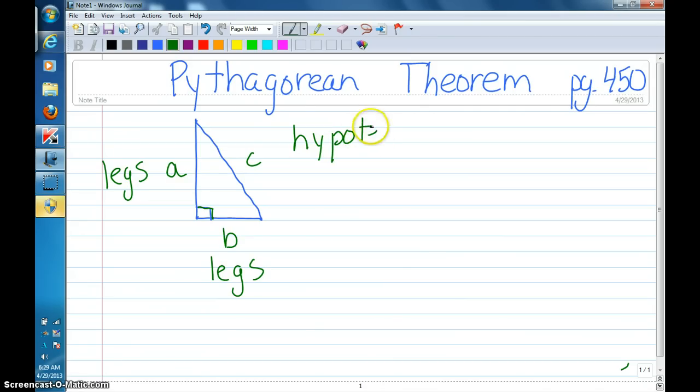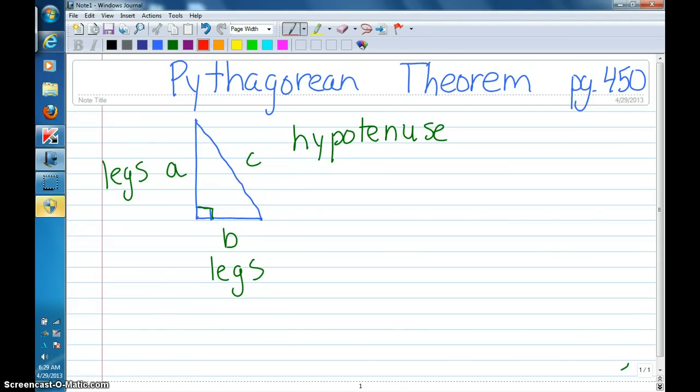Okay, and the hypotenuse is always going to be the longest side. So you can know that if the legs are 10 and 12, the hypotenuse has to be larger than 12. So that's kind of always a way to double check your answers.